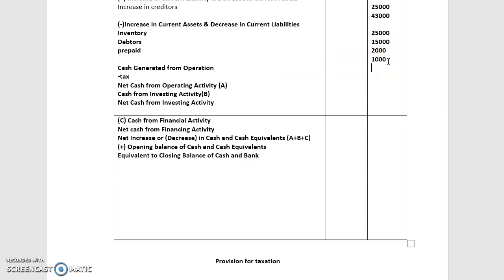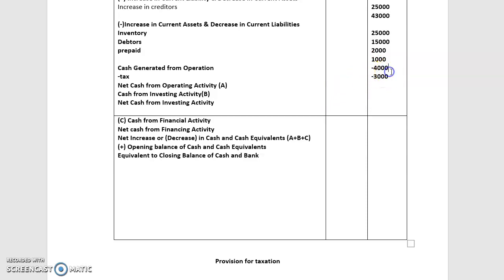Tax is again minus 4,000. This is plus 1,000, this is minus 4,000. So in total we will get net cash flow from operating activities minus 3,000.